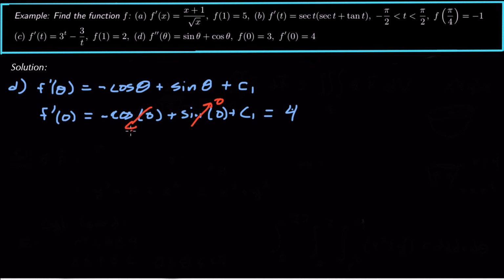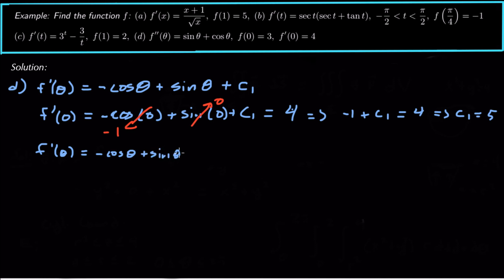This is 1, so it's actually negative 1 because there's a negative out front. So this becomes negative 1 plus C1 equals 4. So C1 equals 5. So C1 is 5, and now f prime of theta can be written as negative cosine of theta plus sine theta plus 5.